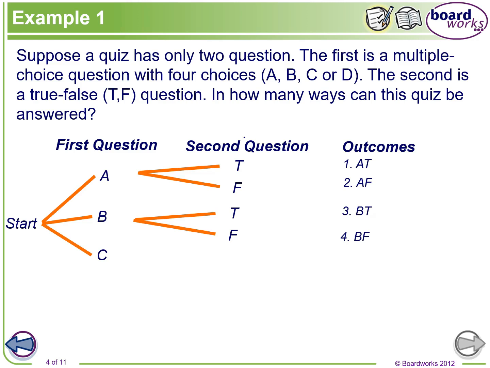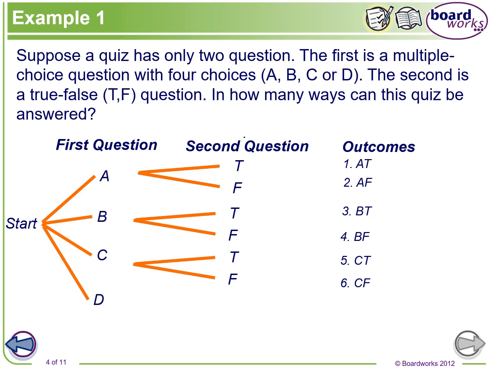Or the first question will be letter C, while the second question's answer is letter T, or true. So that's the fifth outcome. Or the first question is letter C and the second question is letter F, so that's the sixth outcome.